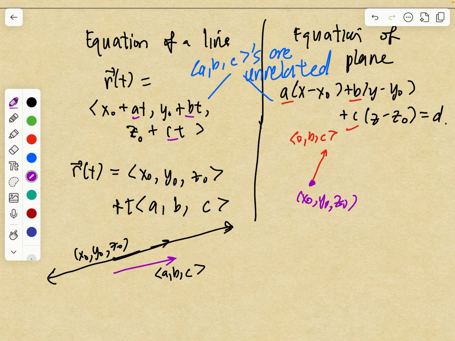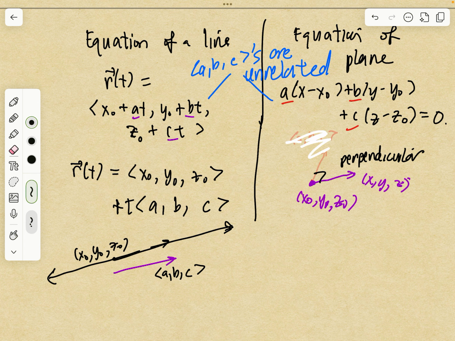And then it's saying that when I take a point x, y, z and then take the vector, not d, this should be 0, right? Because I get the d by adding the term to the right. So when I take the vector from here to here, I get a 90-degree angle. This is perpendicular.